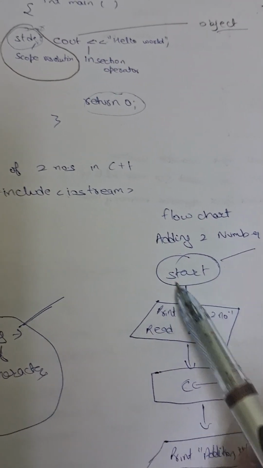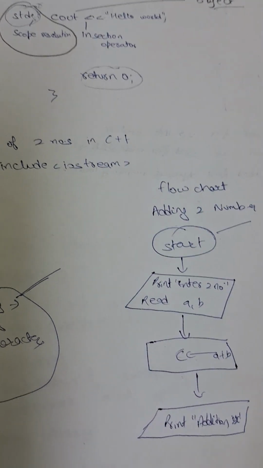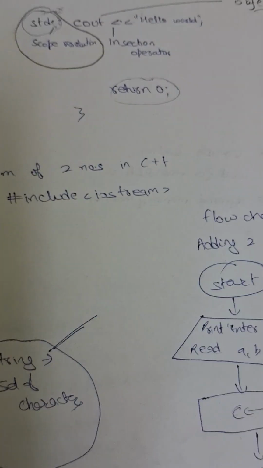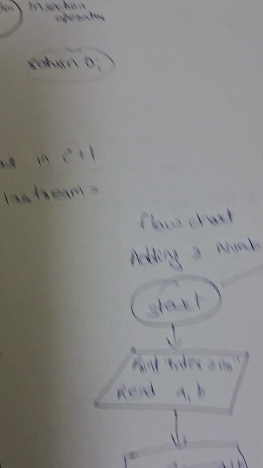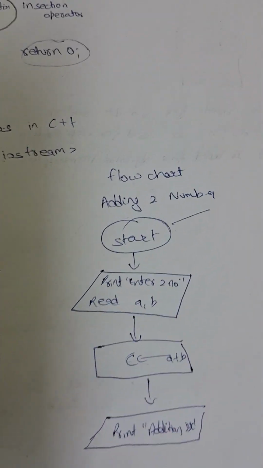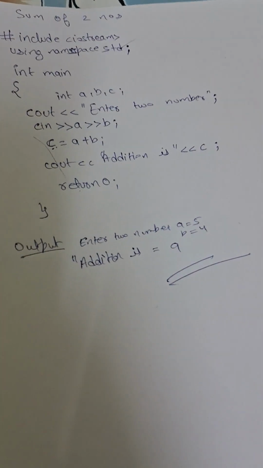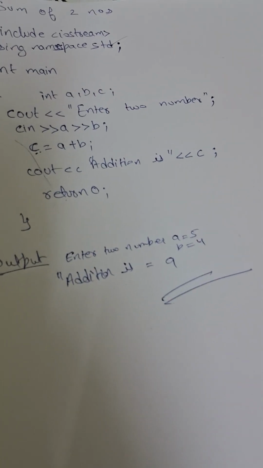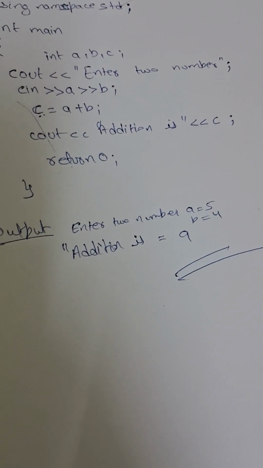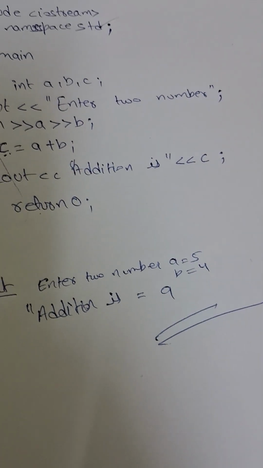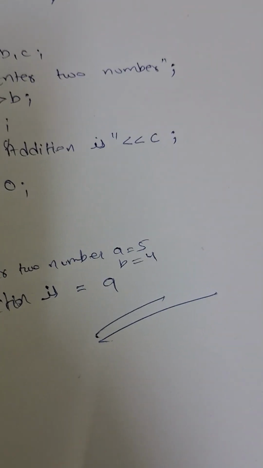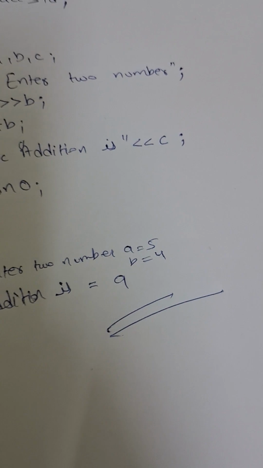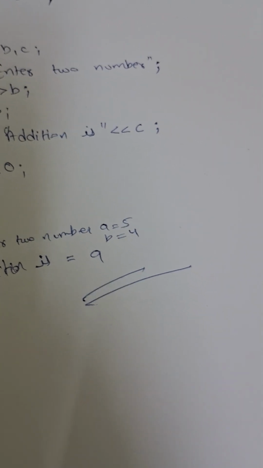Then we learned this flowchart to add two numbers. Our program starts first with include iostream. Then what we have to print, we print enter two numbers. Then cin, you can see here. Then we take two numbers as variables a and b, and we make one variable that is equal to these two numbers.